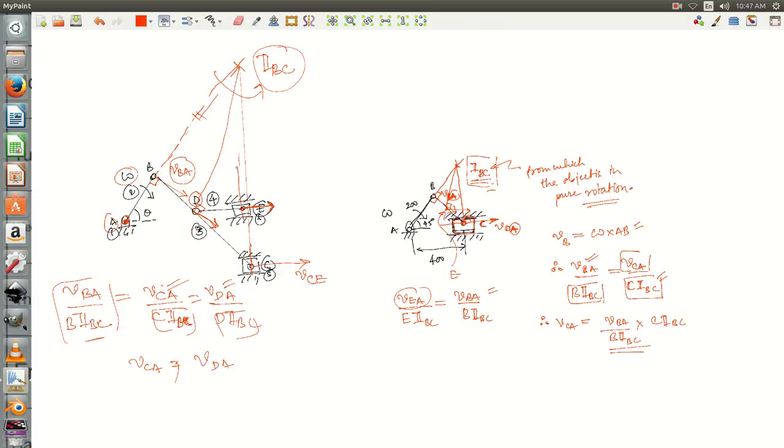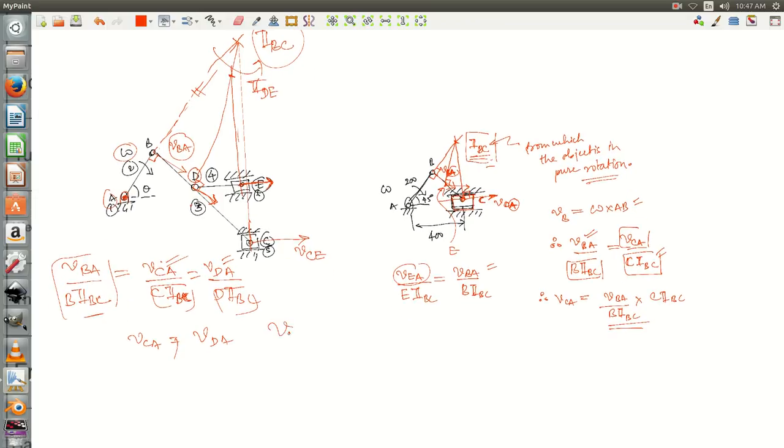Hence, if I draw a perpendicular like this, it will meet over here, which can be called the instantaneous center of DE, such that velocity of D with respect to A divided by D I_DE is equal to velocity of E with respect to A divided by E I_DE. Hence, you can easily calculate the velocity of point E.